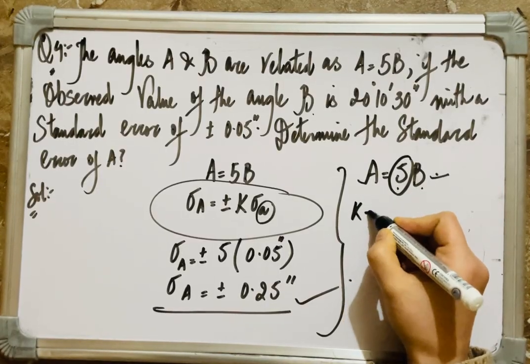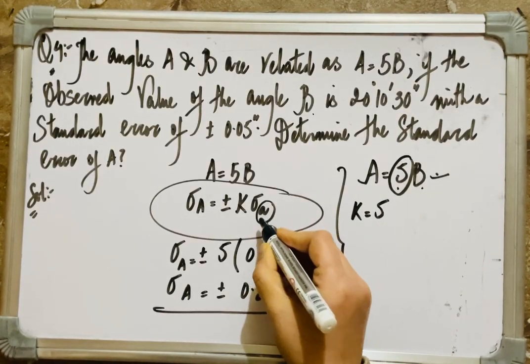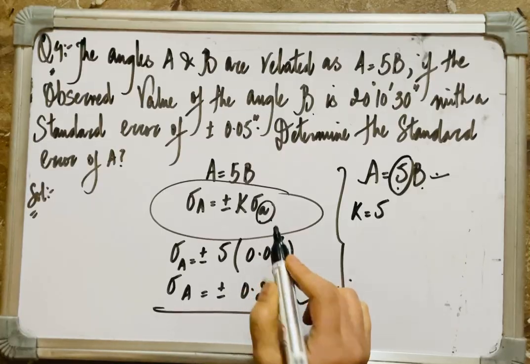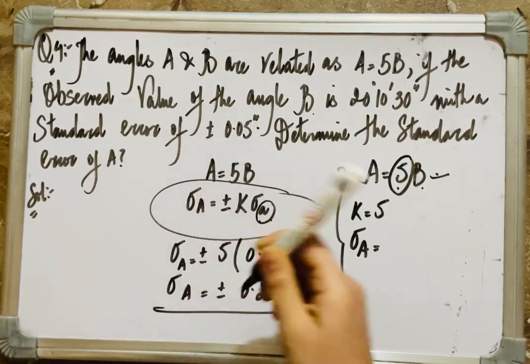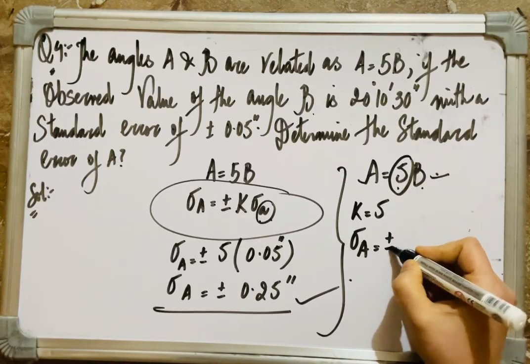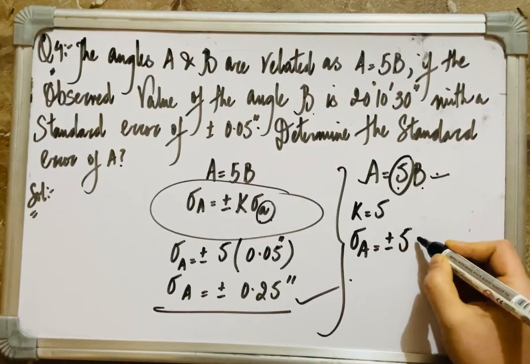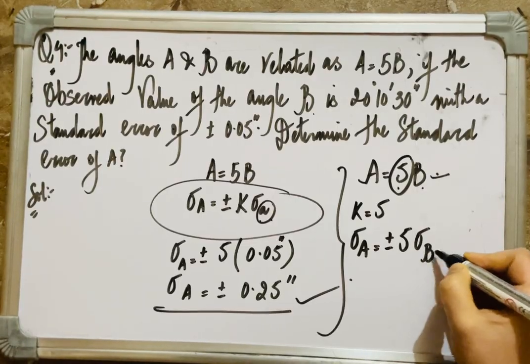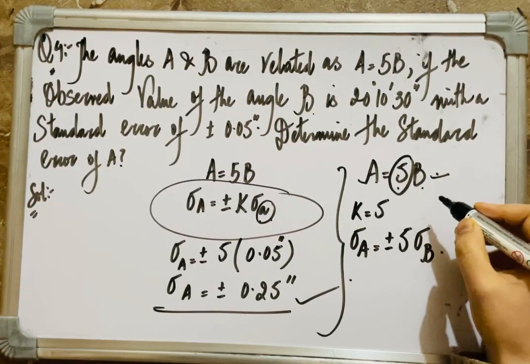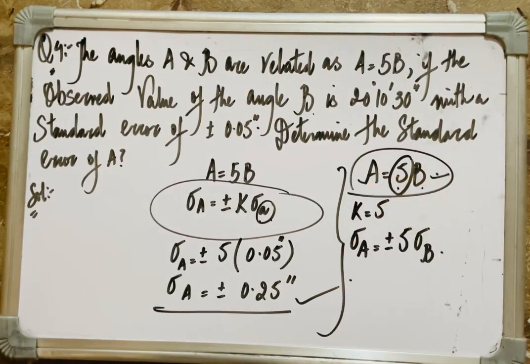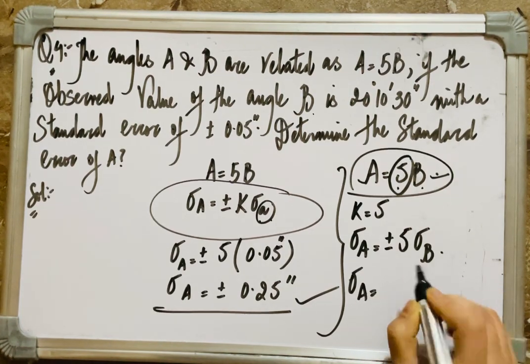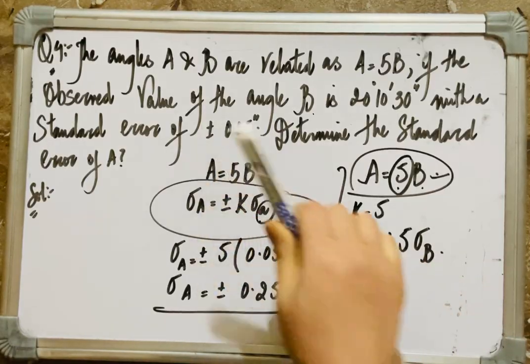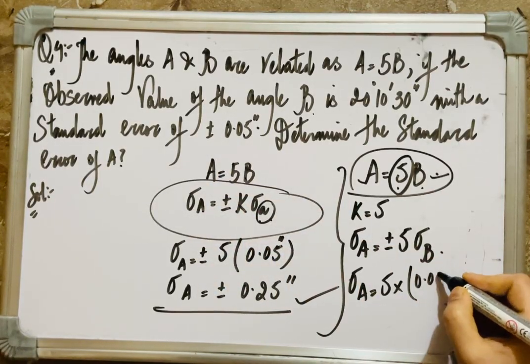Here constant K is 5, and this was a general expression, that's why I wrote it like this. Otherwise you can also write that sigma A, or the standard error in A, is plus minus 5 times the standard error in B, as my relation is A is equal to 5 times B. So by calculation sigma A was 5 times the standard error of B.